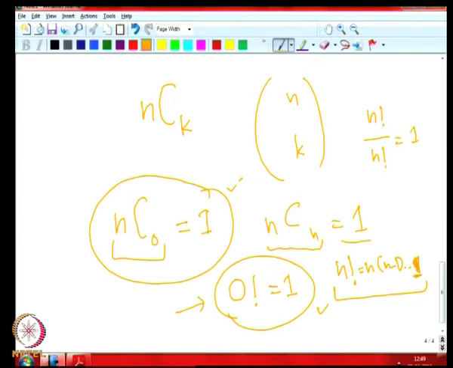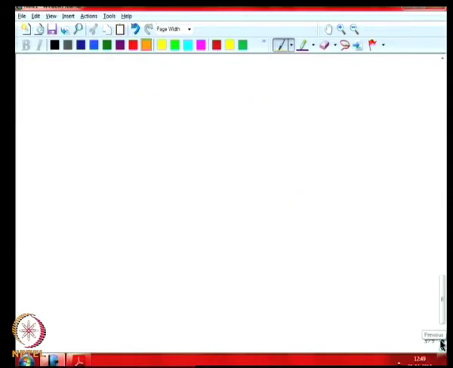So for all other things we don't have any problem. We can easily note that n c 1 is equal to n into n minus 1 plus 1, that is n, divided by 1 factorial. So this is n.